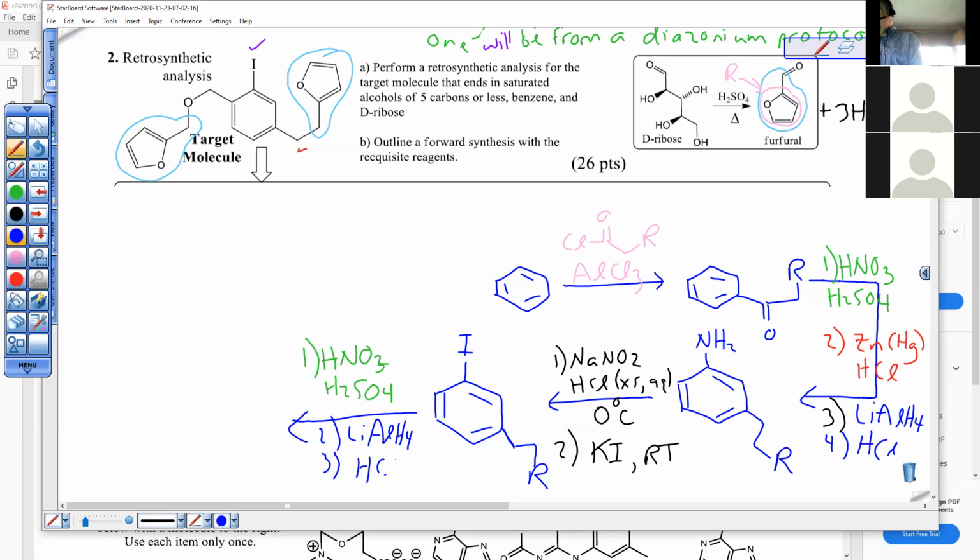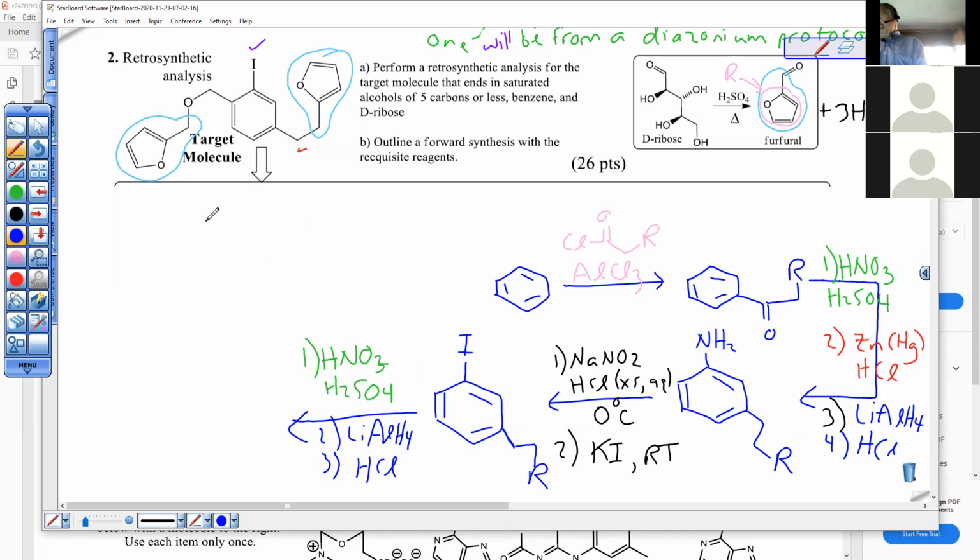And what do I have now? I have an NH2 group right here. And I'm going to go with the cyanide on there because I know cyanides can be hydrolyzed to carboxylic acids, and then carboxylic acids can be reduced to alcohols. And then I'll think about a Williamson ether synthesis with an O-.